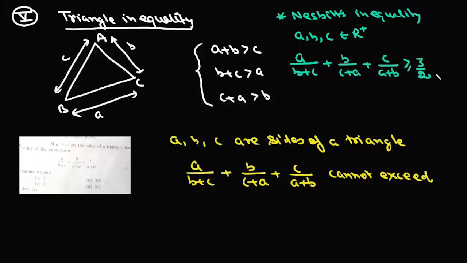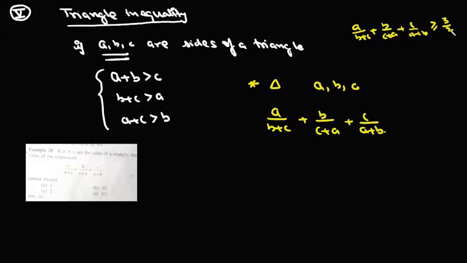We have already proved this inequality using 12 methods. So for any positive real numbers, this sum will always be greater than or equal to 3 by 2. Clearly this inequality has a lower bound. We are talking about its upper bound considering a, b, c as sides of a triangle.